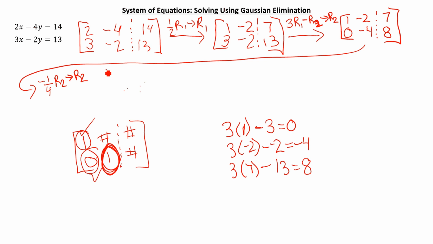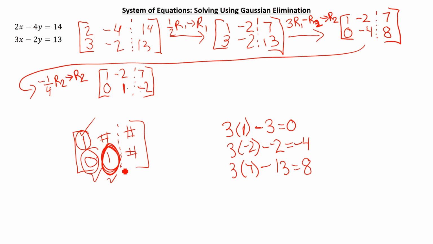The first row stays exactly the same, and for the second row we multiply everything by negative 1/4. Remember, division doesn't exist, but you can do division in your head. Instead of multiplying by negative 1/4, you're dividing by negative 4. So negative 4 divided by negative 4 is 1, and then 8 divided by negative 4 is negative 2.